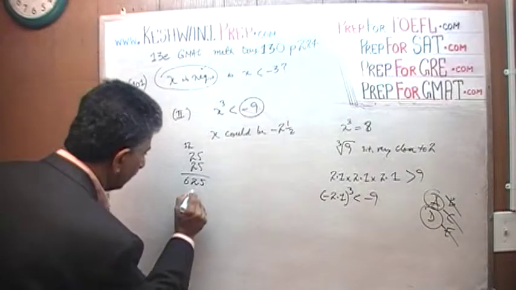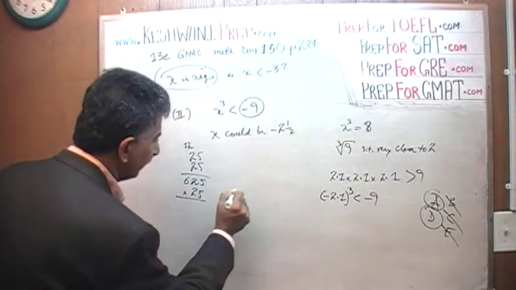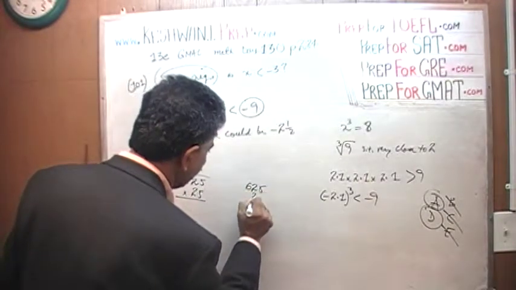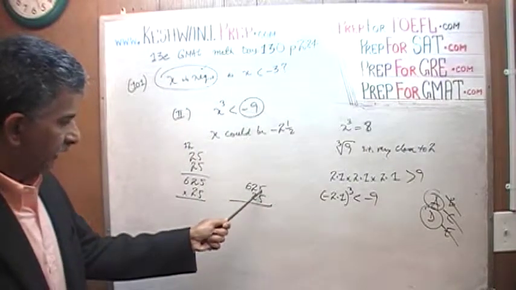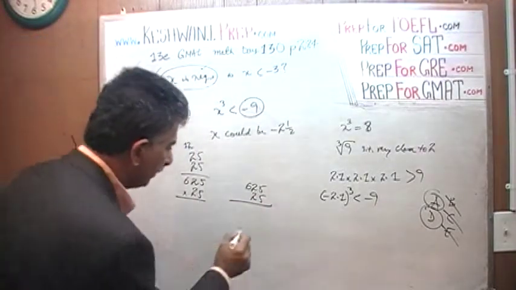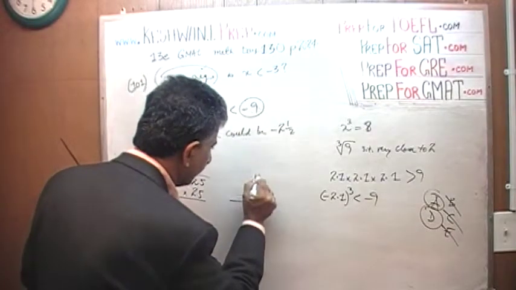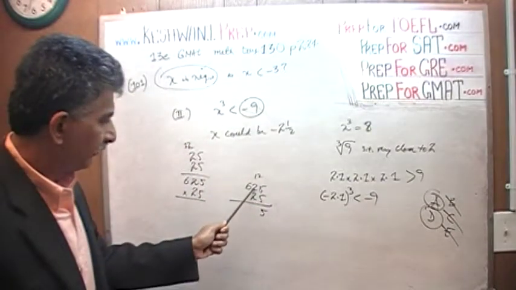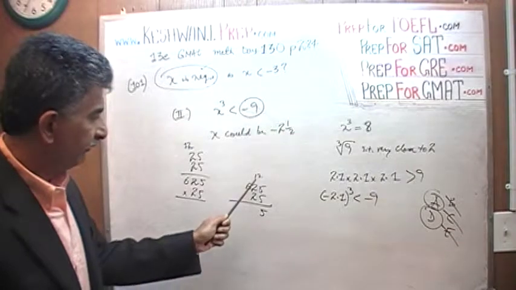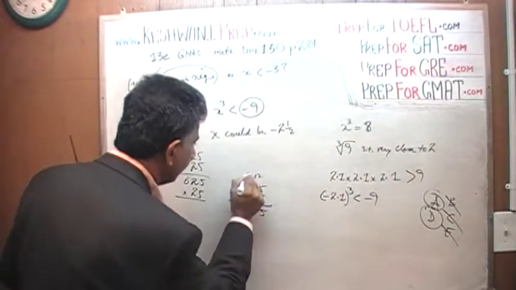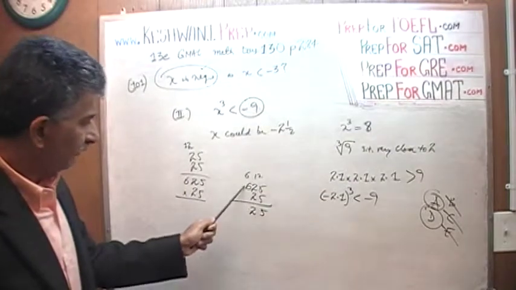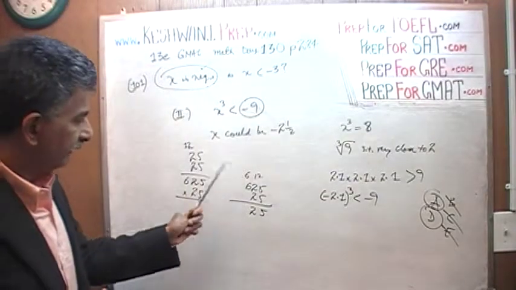Let's go one more round. 625 times 25 rather. Again, 25 times 5 is 125, so 5 carry 12. 25 times 2 is 50, 50 plus 12 is 62, so 2 carry 6. 25 times 6 is 150, and 6 is 156.